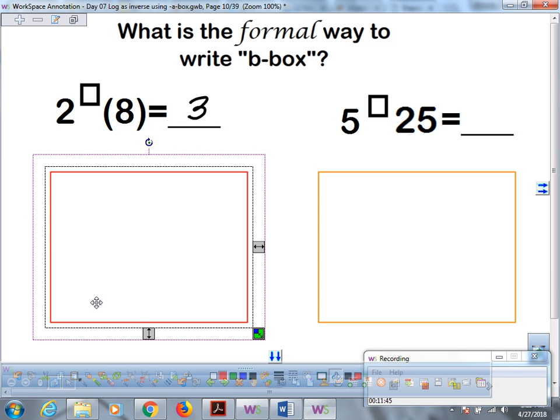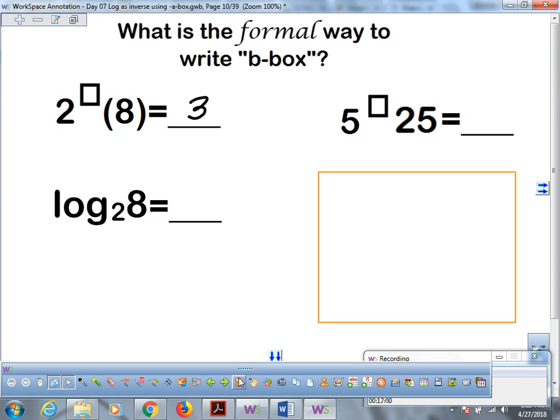We call this the B box. I call it the B box because it's the base with a box, the B box. This is actually a logarithm.